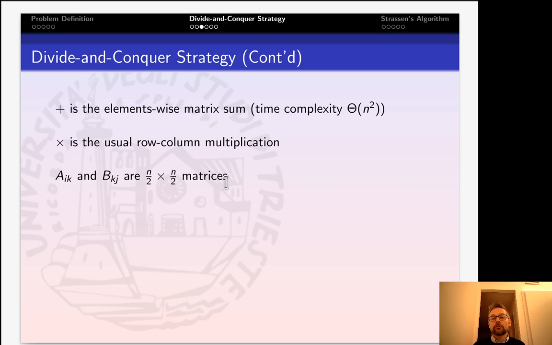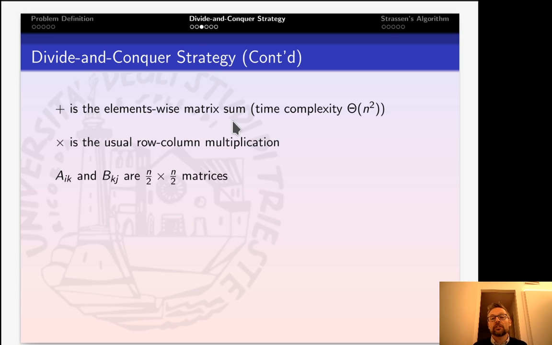Now let's try to figure out the complexity of a possible divide and conquer strategy. So let's see the complexity of the recursive algorithm obtained by using this strategy. As I said before, the plus is an element-wise matrix sum.